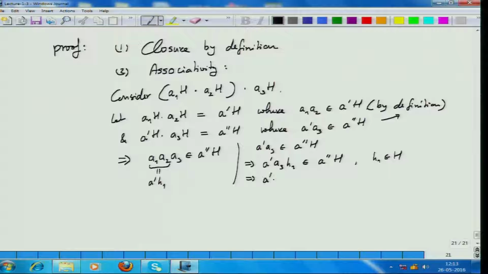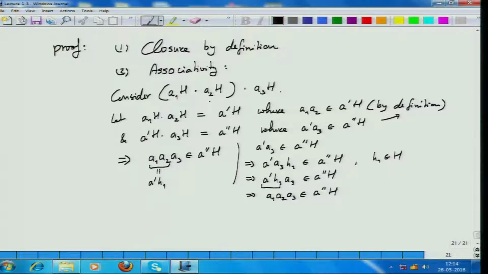This implies A'h1A3 is in A''H, because it is a commutative group, and A'h1 is A1A2. So, this is an equivalence class. This product is an equivalence class defined by the element A1A2A3.